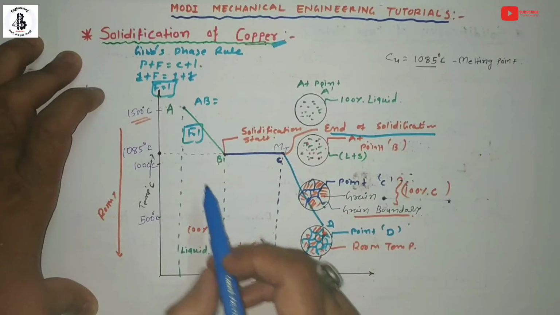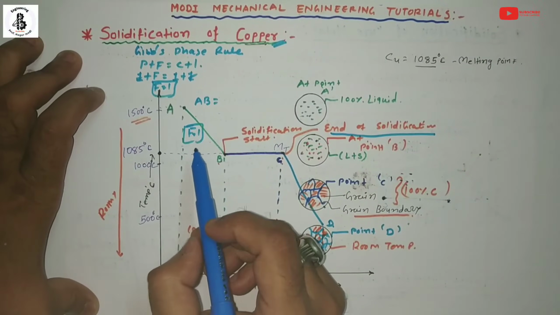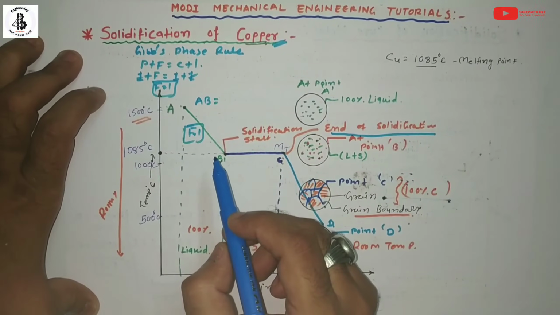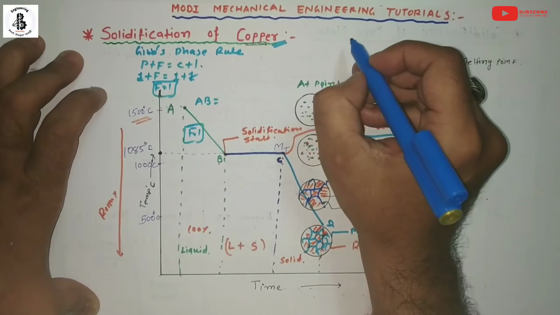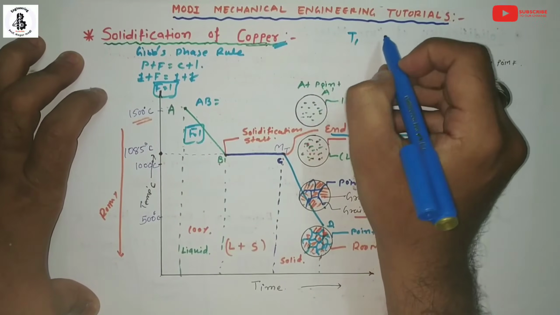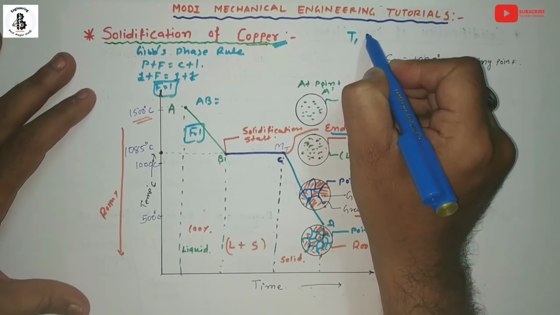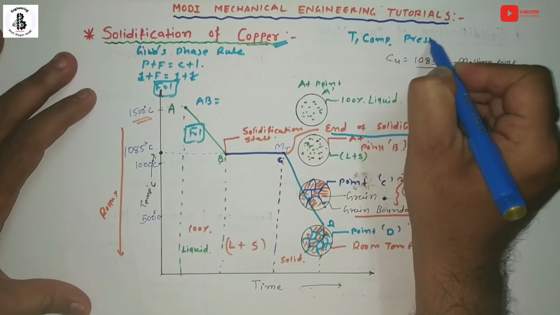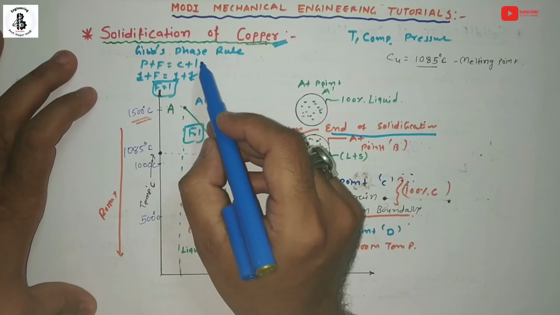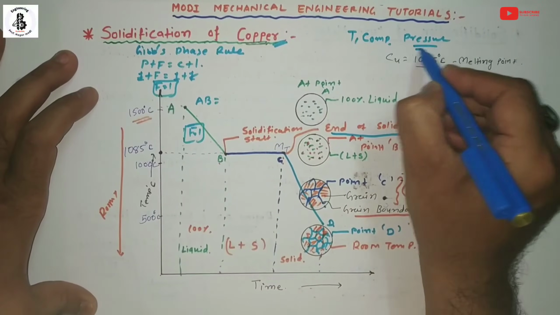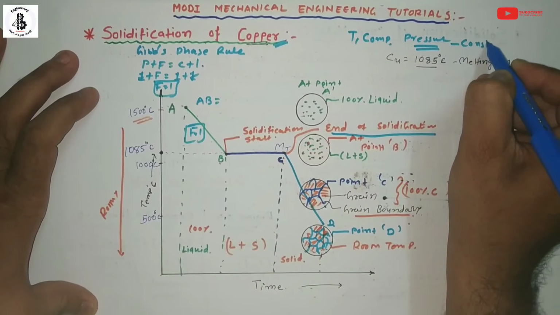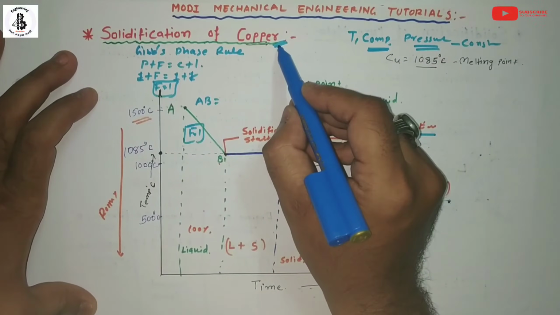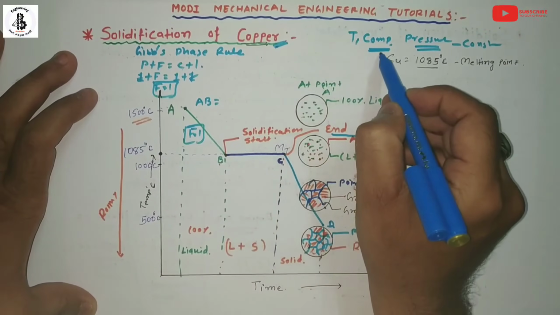That means only a single parameter is being changed, and the rest of the two are not changing. Here the parameters are temperature, composition, and pressure. Since we are using the modified Gibbs phase rule, pressure becomes constant. And the composition is pure copper, so it is not changing.